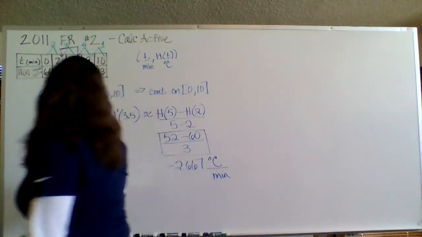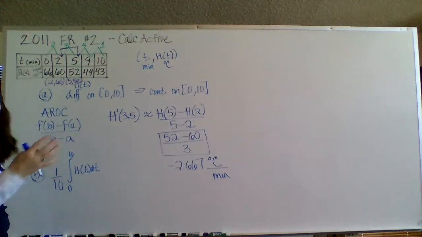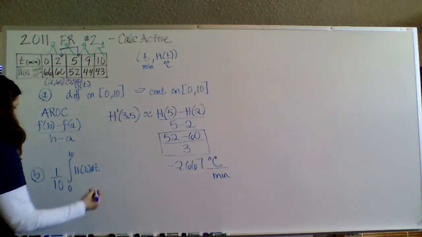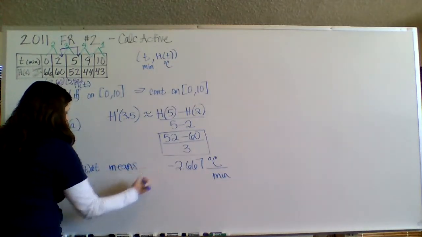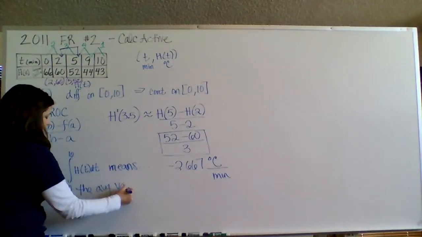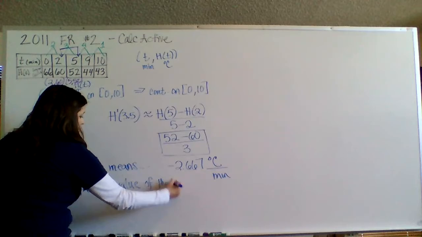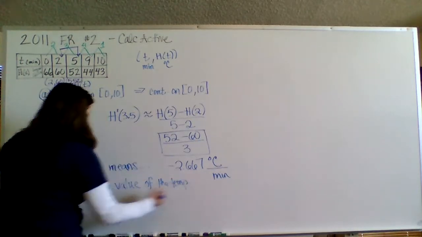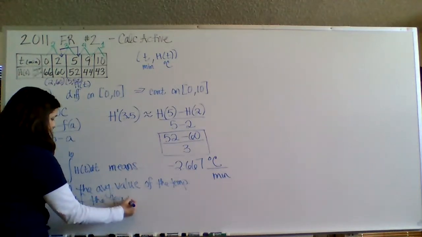So remember, h of t is our temperature in degrees Celsius of our tea in the pot that's cooling. So I would say something like, okay, this means the average value, I would use those words. This is f average, or the function's average value, of the temperature of the tea in the pot.